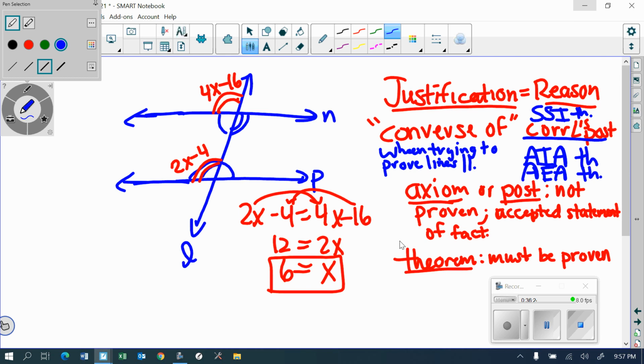So this green plus that green would add to 180. If I can solve for that and show that, then the two lines N and P are parallel. So it could be any one of these four along with the words in front of it, converse of. That would be our justification and proof of why those two lines are parallel. All right, that's that one, and that's talked about on there.